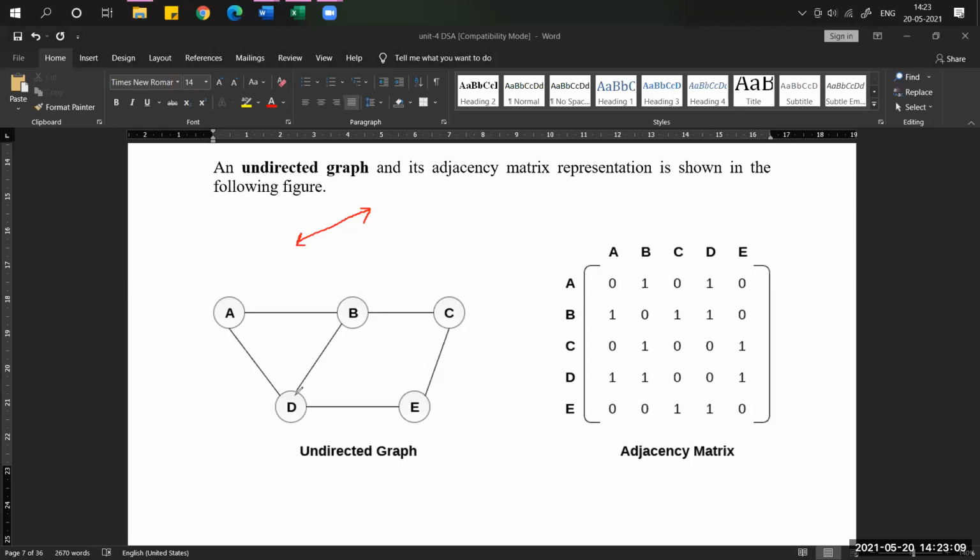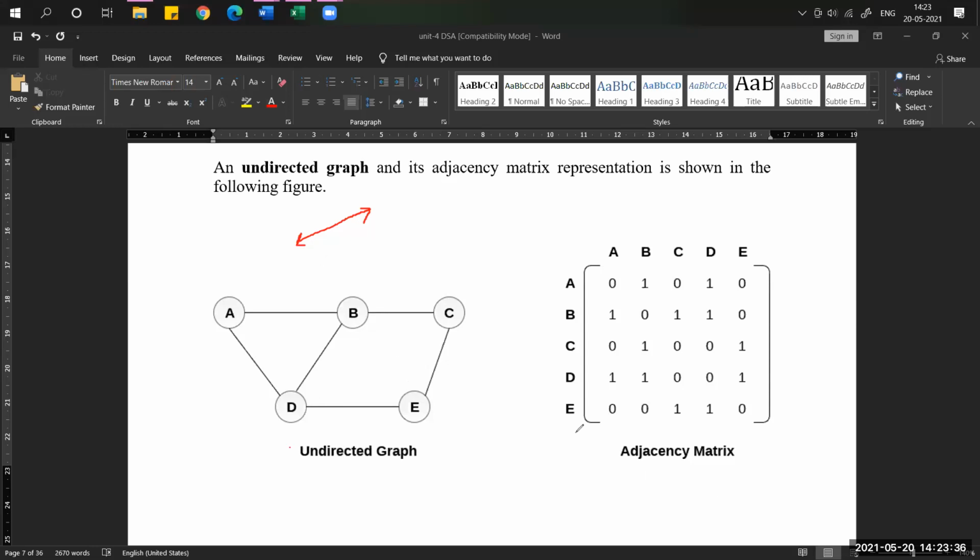Computer won't store the graphs like this. This is just a pictorial representation for the users. Then how is the computer going to understand these graphs? See, first observe.